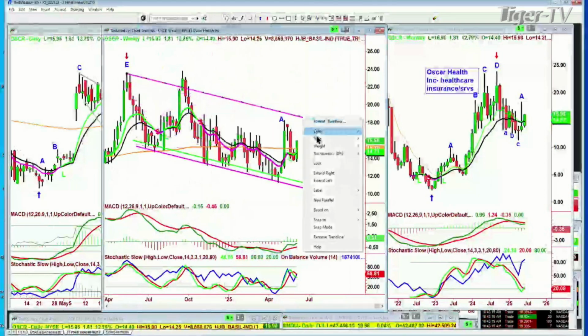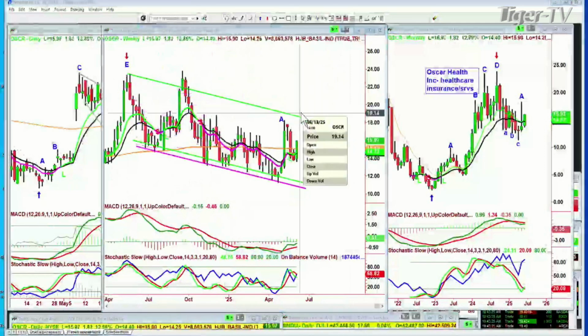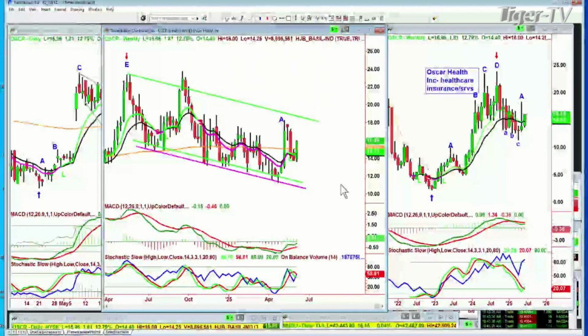If at any point Oscar on a weekly basis starts to trade above this downtrend line, and that would be in the 19s, and here it is at 15, let's call it 20, just 16 for the moment. 16 was the round number high today. If it can trade up in the 19s over the next 2-3 weeks without taking out this trend line down to the 10s, that's going to be really good.